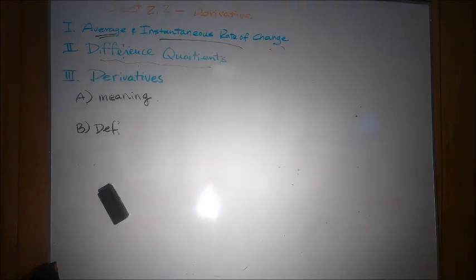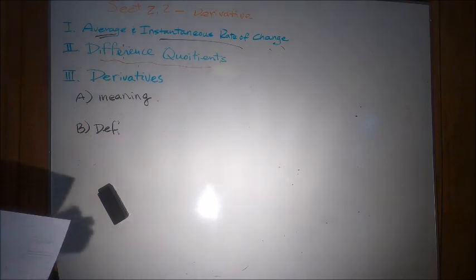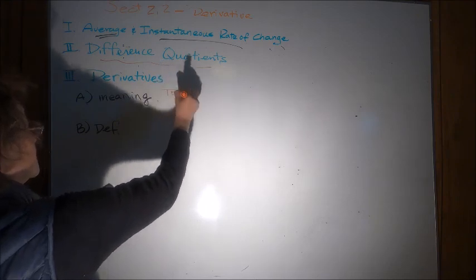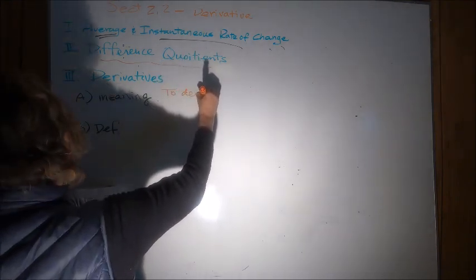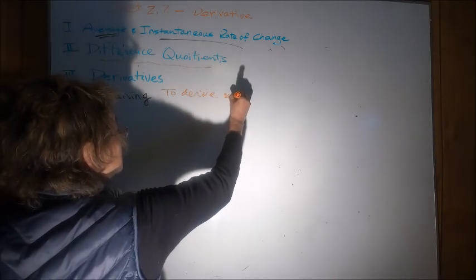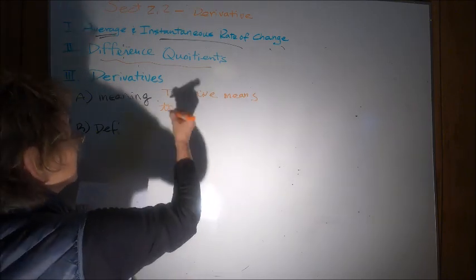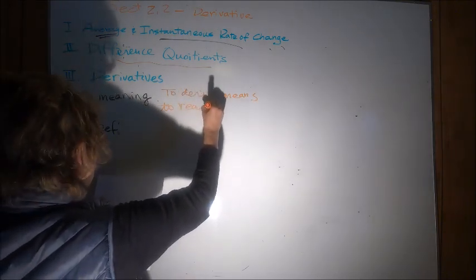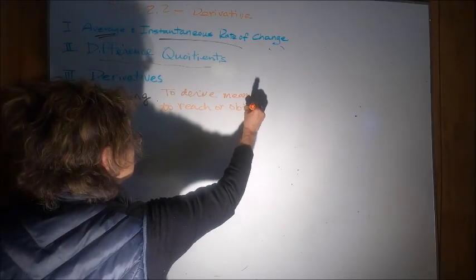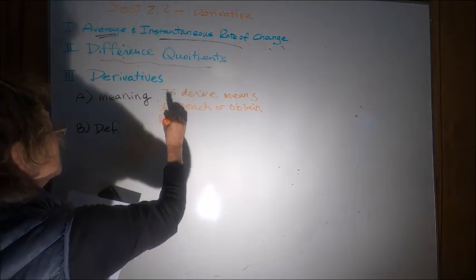Now we are going to talk about something called derivatives. What does derivative mean? It means to derive. What do we mean by to derive? It means you obtain something from something, to reach or obtain by reasoning.